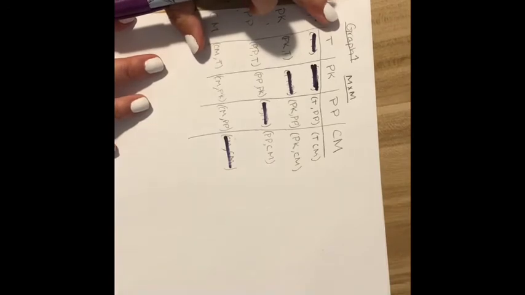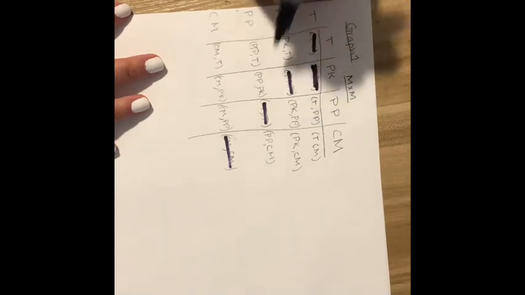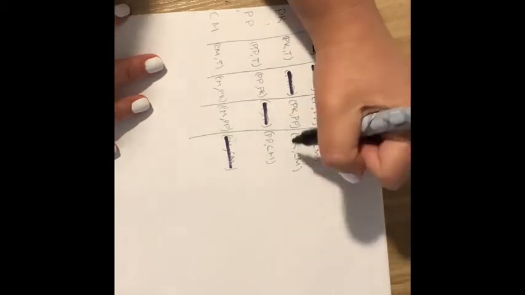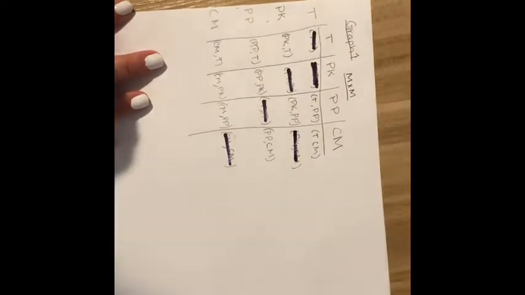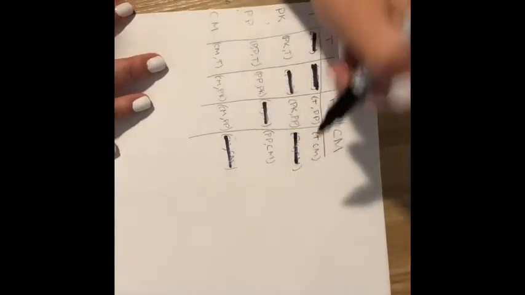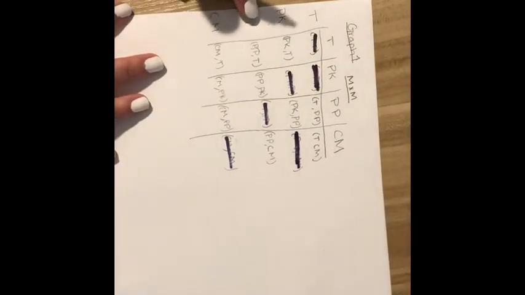Then Pokemon is better than Paw Patrol, and it's better than Trolls. So it gets to stay there, but it's not better than Captain Marvel. They like Captain Marvel when they were asked about those two. So then we have Paw Patrol, which is only better than Captain Marvel, right?